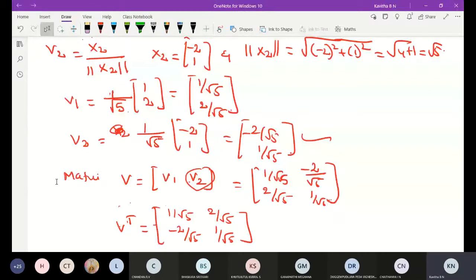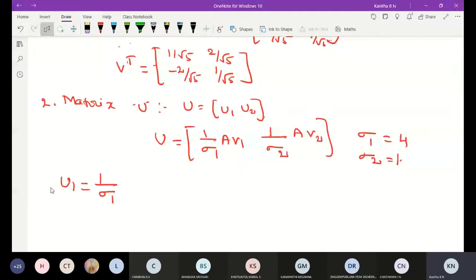Okay, we already found sigma 1 is 4 and sigma 2 is equal to 1. Just now we found V1 and V2 also. Then write down here U1, 1 over sigma 1 AV1. Okay, sigma 1 is 1 by 4.